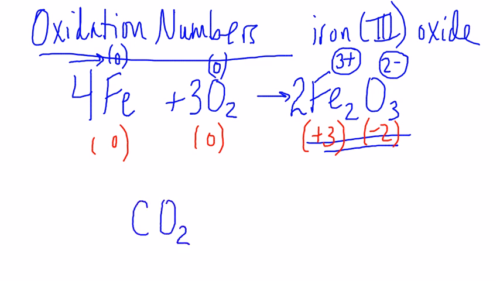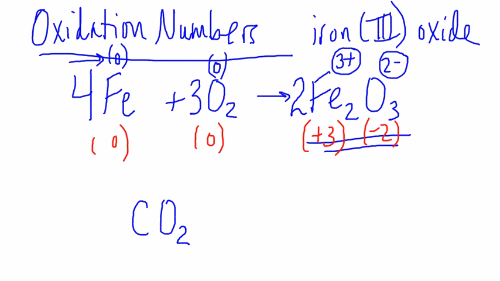Now this is a covalent compound, and as such, it's not charged. However, for the sake of what are called oxidation numbers, every atom in every compound is assigned a charge. And that charge is not necessarily representative of reality, but instead it's a way of accounting where the electrons would go if they had to go to one atom or another.